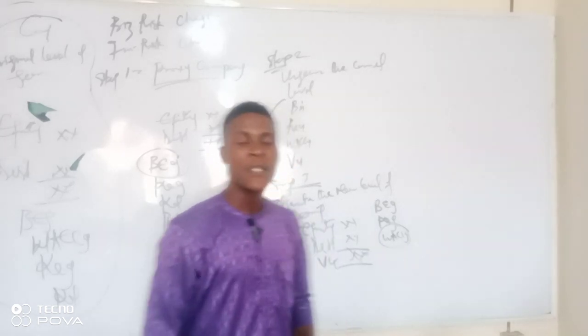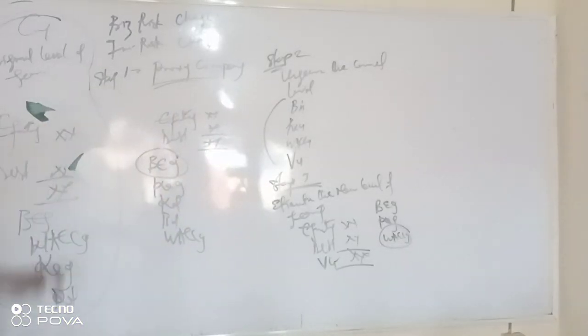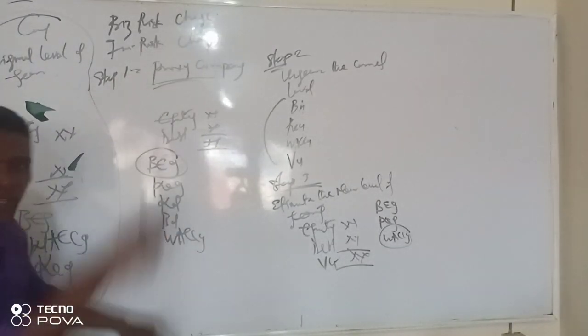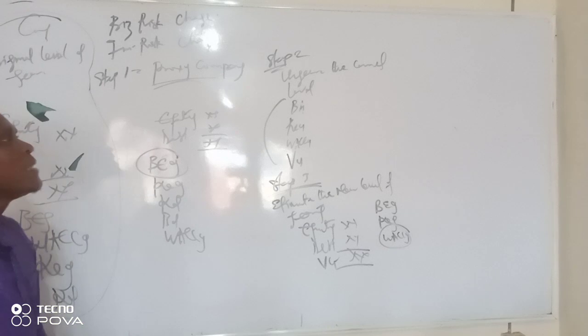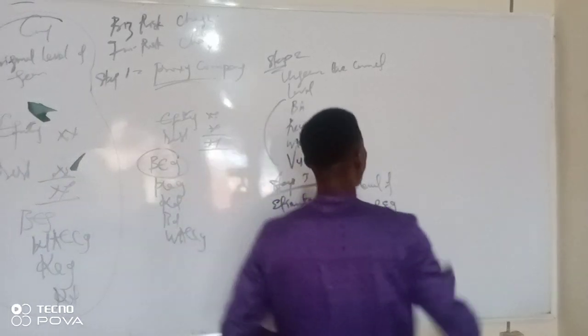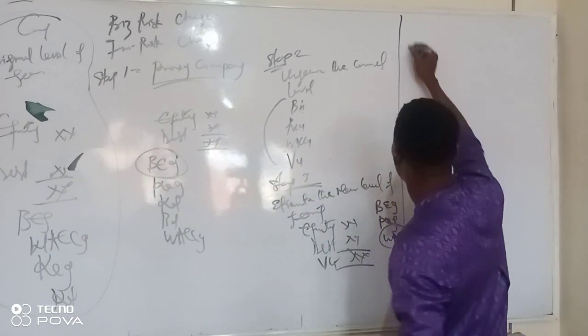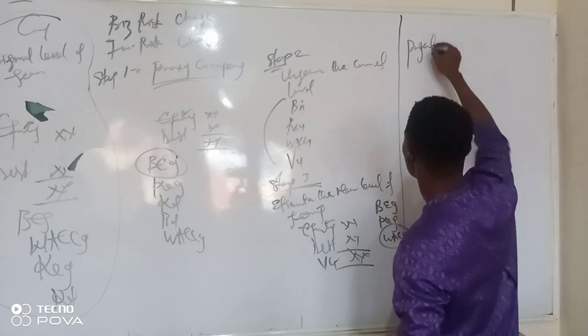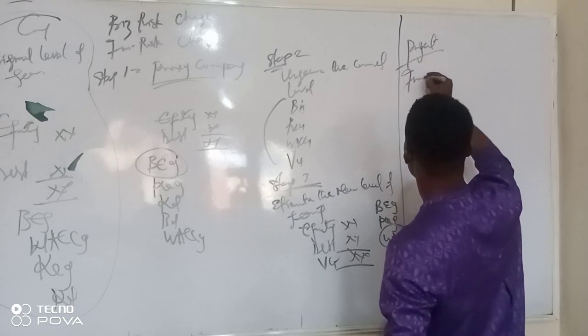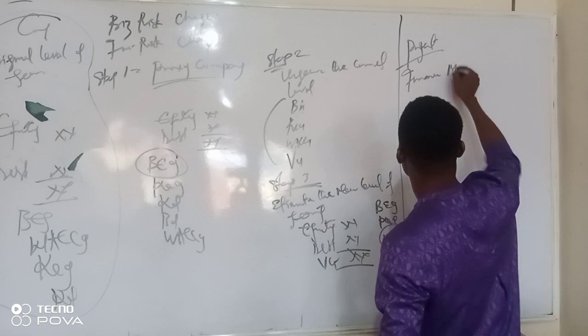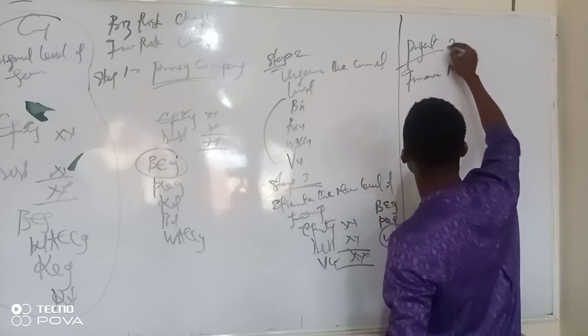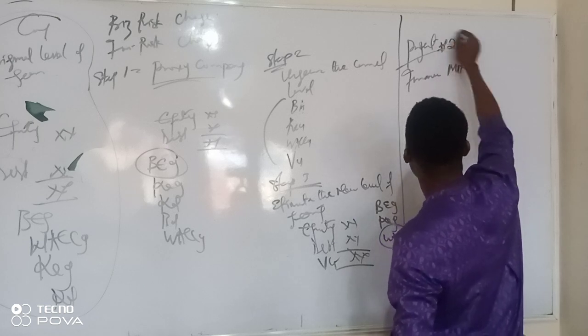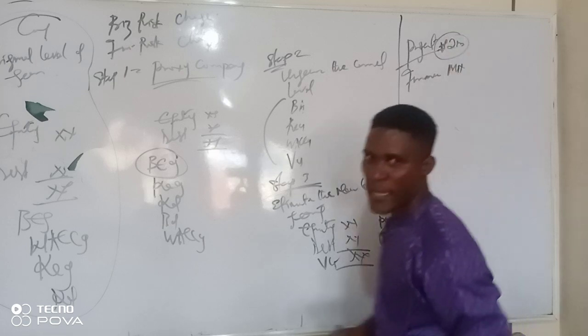Am I talking now? Now, next is this. They will give us the original level of gearing. They will give us the original data about the proxy company in that industry. They will also give us the project in question, the finance mix. That is, if the project requires 2 million naira, how are they going to finance this project?